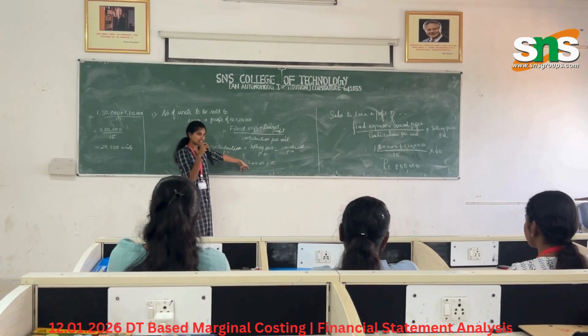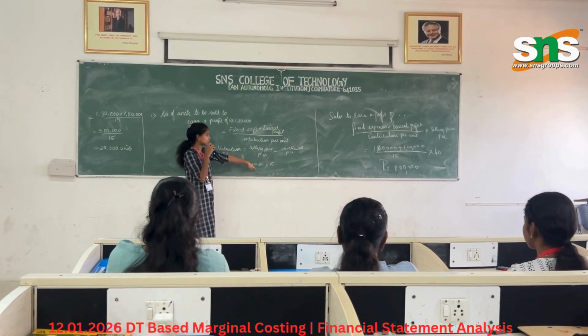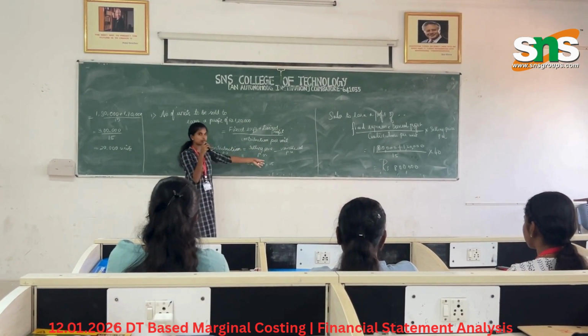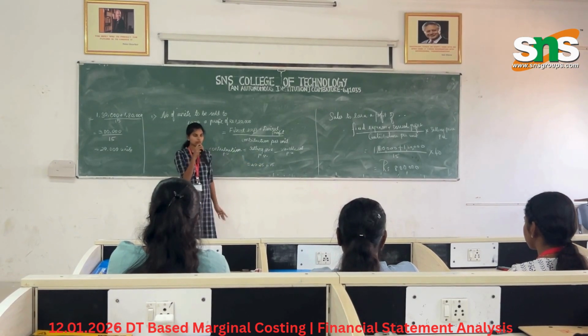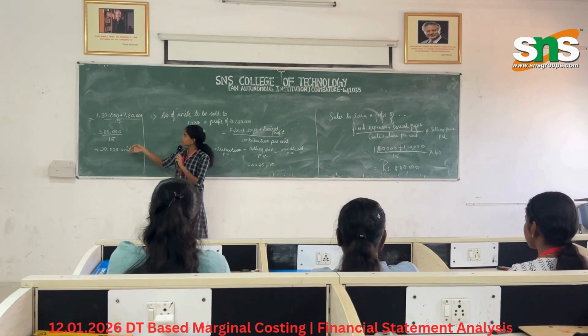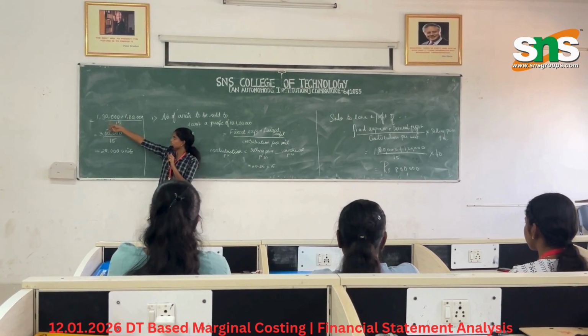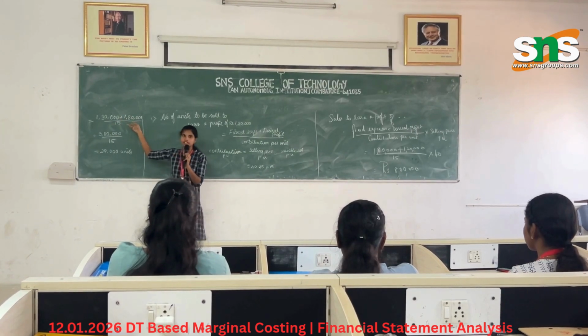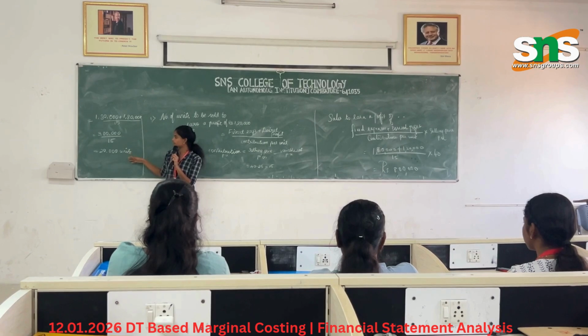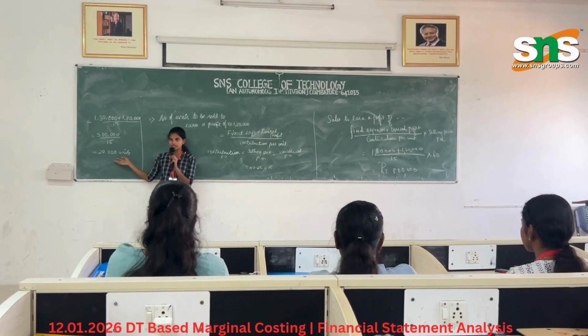The selling price here is 40 and the variable cost is 25. By subtracting, we got 15 as our contribution per unit. Now we apply the values: fixed expenses are 1,80,000 plus desired profit of 1,20,000, divided by 15. By simplifying it we get the answer of 20,000 units.